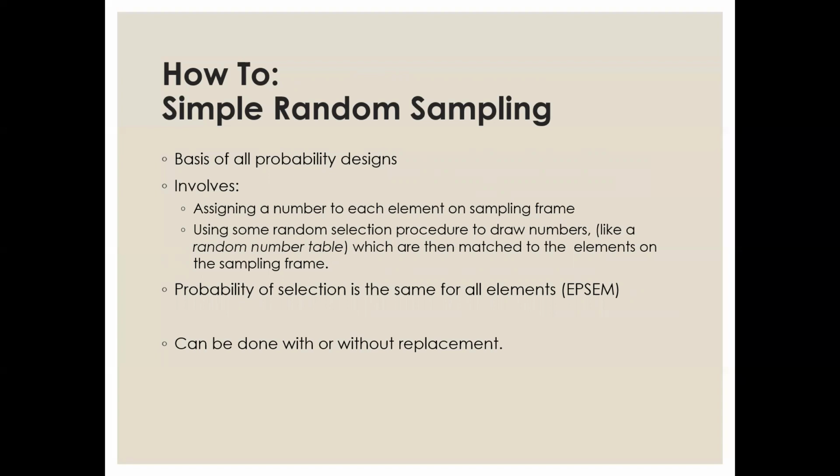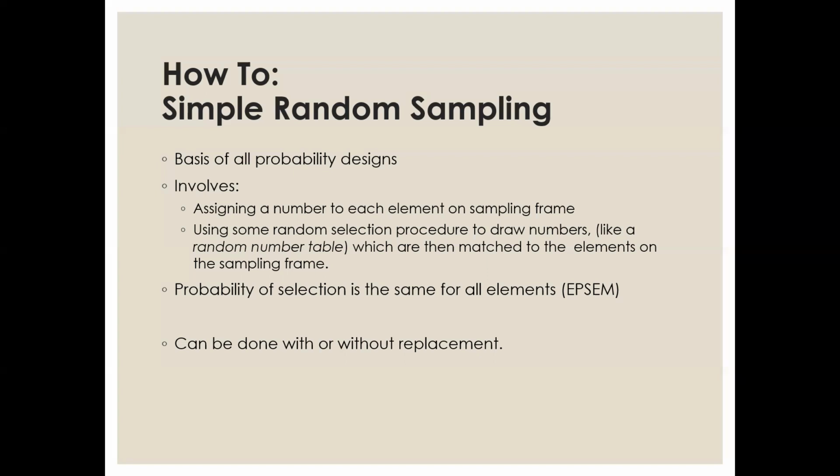So all of the people that are eligible to be in your sample, you're going to number them. And then after you number them, you're going to use a random numbers table, which would tell you what numbers to pick, or a computerized program that will randomly select your participants.